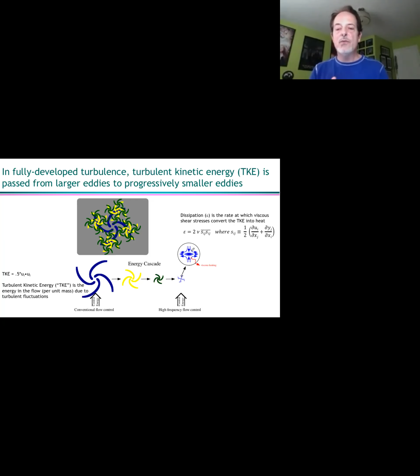And that's the rate at which viscous shear stresses convert the turbulent kinetic energy into heat. And really, you don't get any scales below that. So again, you have energy being produced at the largest scales, passed to progressively smaller and smaller scales, till finally you get to these smallest scales where this turbulent kinetic energy is turned into heat.